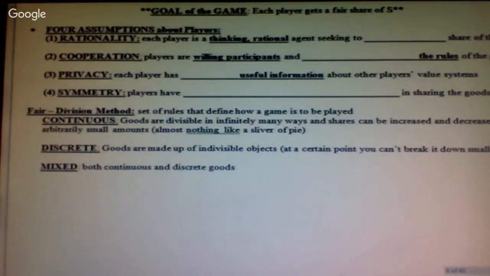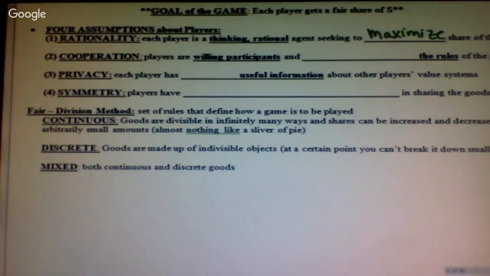Okay, so your goal of the game is to give each player a fair share. That is your goal. So we assume some things about the players. First, each player is a thinking rational agent seeking to maximize their share of the booty.